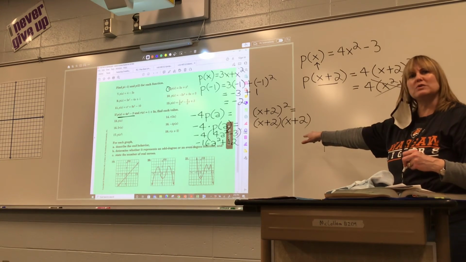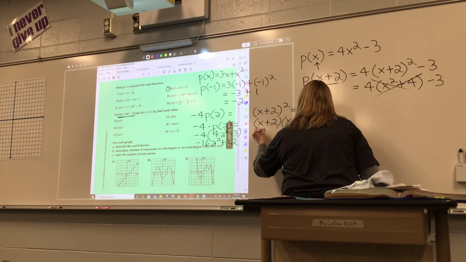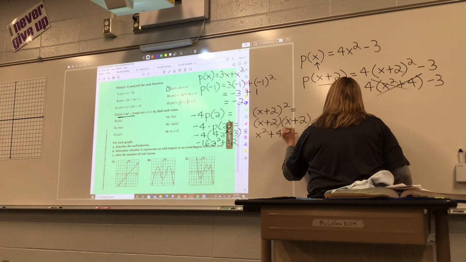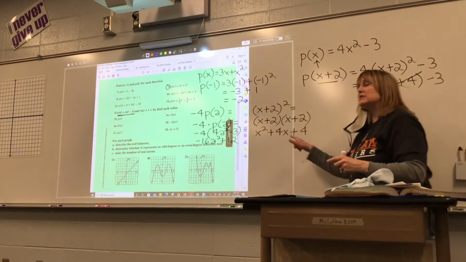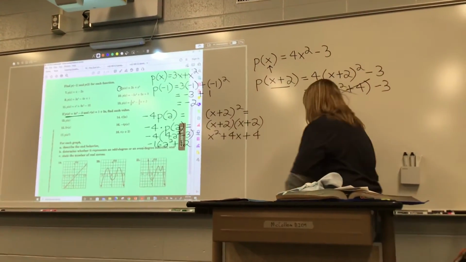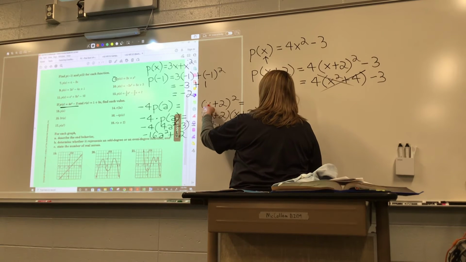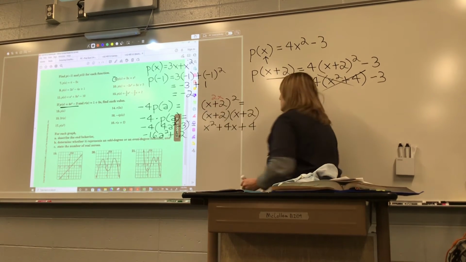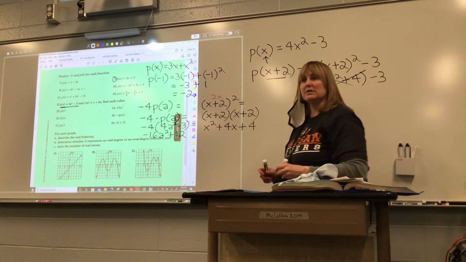What do you get when you simplify that, Jake? X squared plus 2x plus 4x plus 4. Yeah, the outside product is plus 2x, as is the inside product. In fact, what I do is a little shortcut. I multiply the x times the positive 2, and that's 2x. Notice how that's both the outside and inside product?